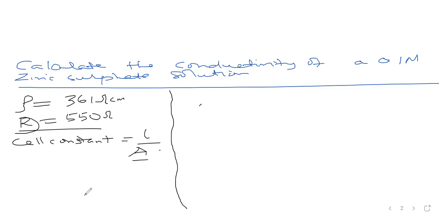So what shall we do? We shall say, resistance is always given as, do you remember that formula that has L over A in it? Resistance is equal to resistivity times L over A. Hope you remember that formula.